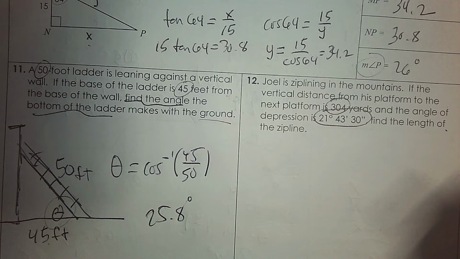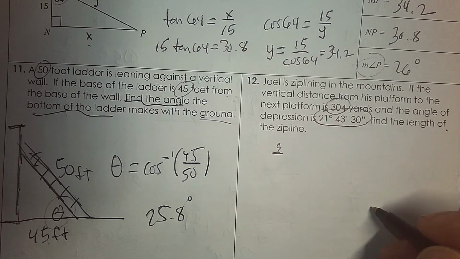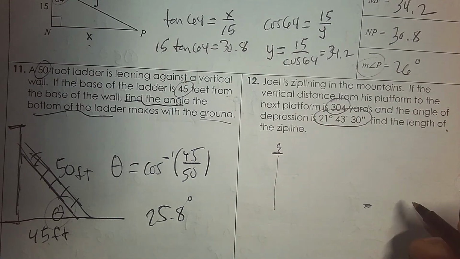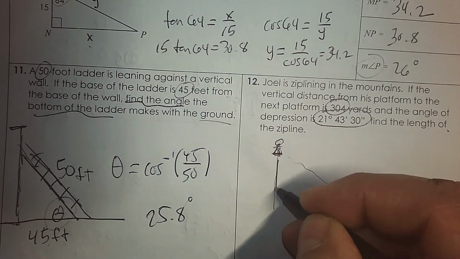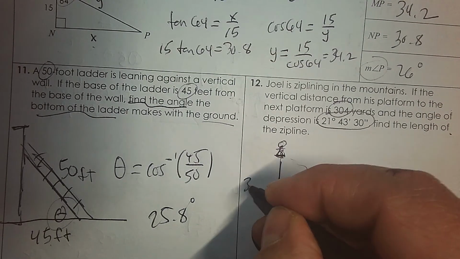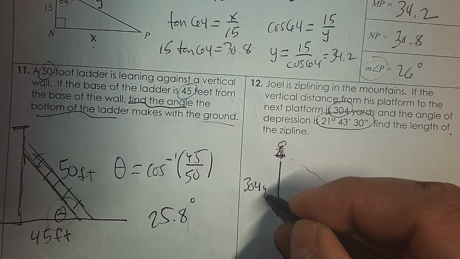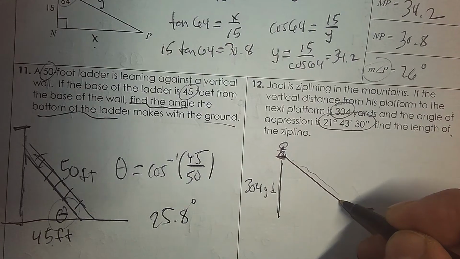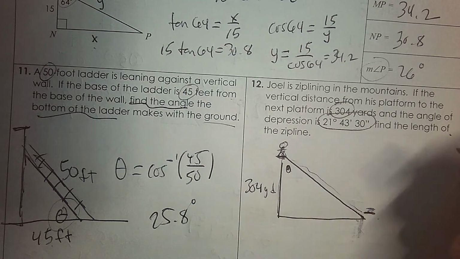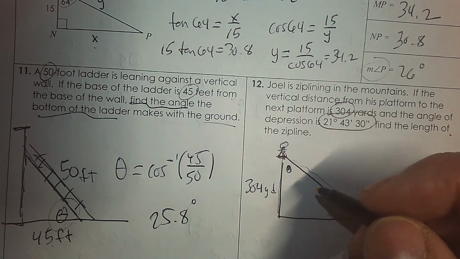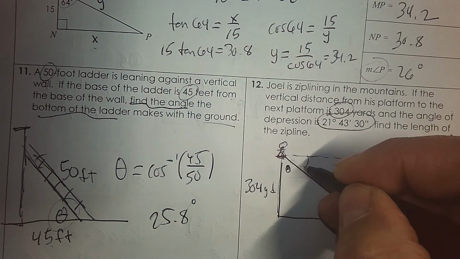And the angle of depression, so we have this distance, he's zip lining down here, but the vertical distance down, so here he is zip lining, going down. Here's the other platform. If you go directly down, the vertical distance down, it's 304 yards. And then the angle that we're looking for is right here, the angle of depression, so actually the angle of depression would be like this.